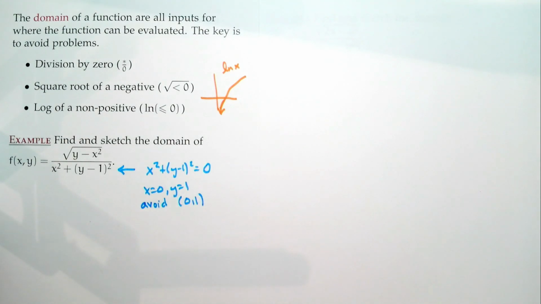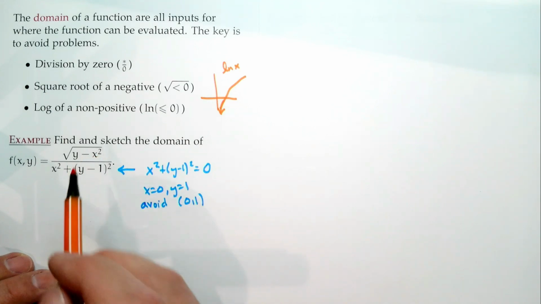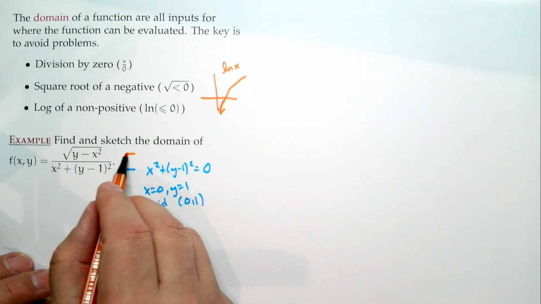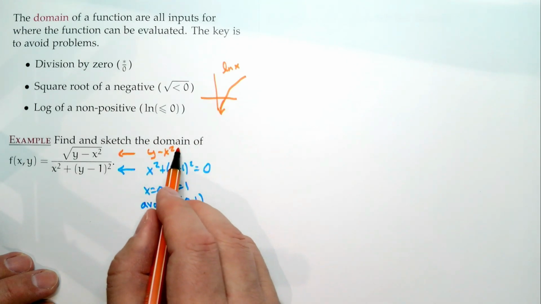All right, now, upstairs. Square root of y minus x squared, what has to be true about my stuff inside the square root? Has to be greater than or equal to 0. It's okay if it equals 0, but it's not okay to be less than 0. All right, so here, I need to have y minus x squared greater than or equal to 0.